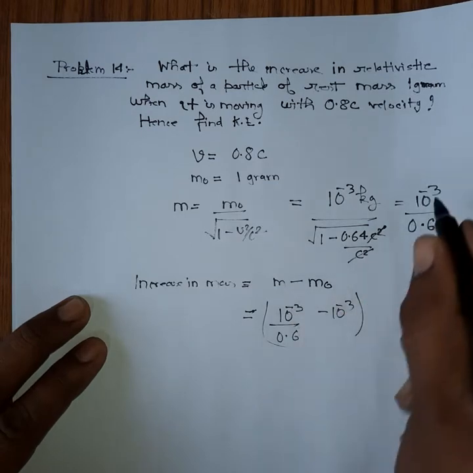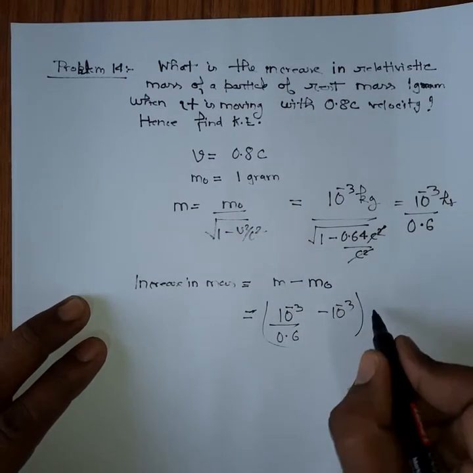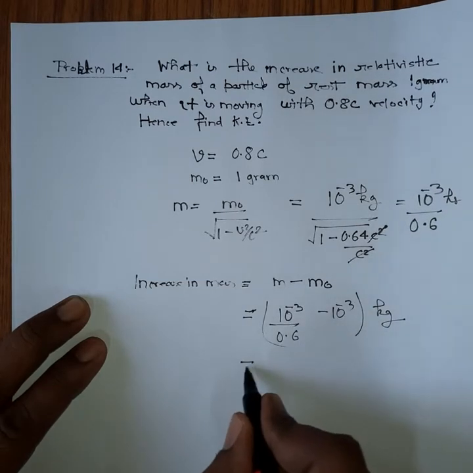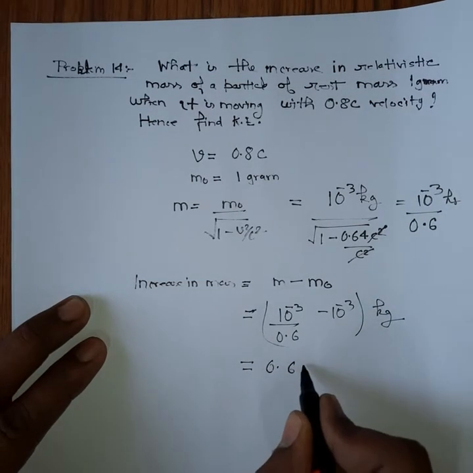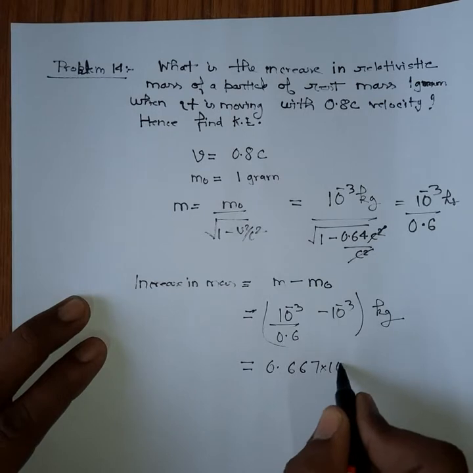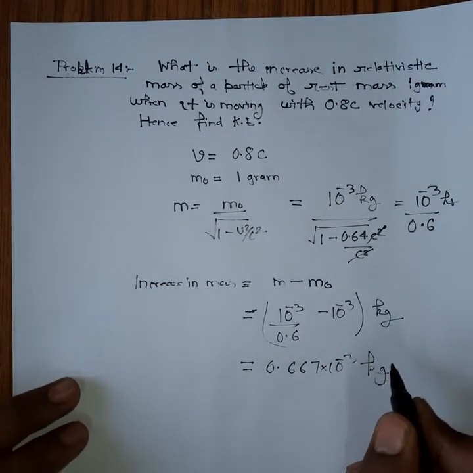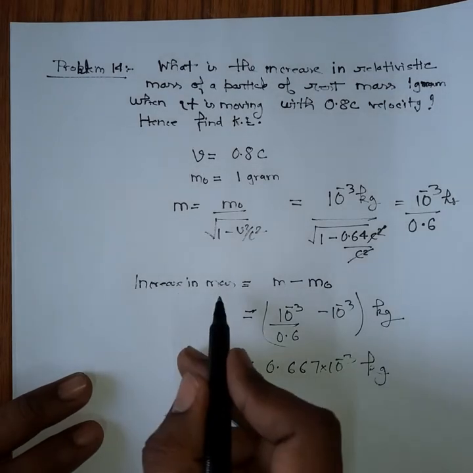This is all in kilogram unit, kg. If you solve it further, you will find 0.667 into 10 to power minus 3 kg. So this is the increase in mass.